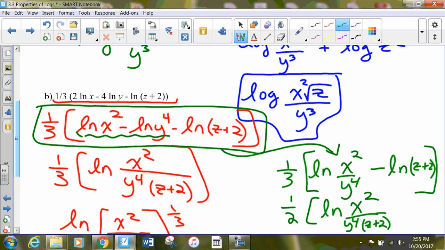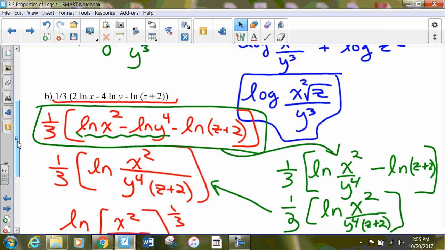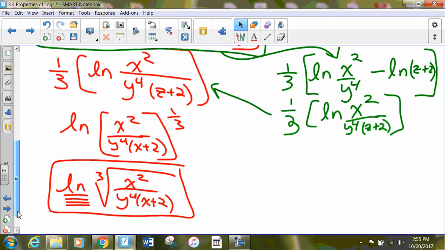But because I'm dividing, it's the same thing as saying multiply by 1 over z plus 2. And then, oops, my 3 ended up being a 2. And then, of course, we're back to where we started from to this stage, and we're going to continue the same way. I hope that I didn't make that more complicated than it needed to be, because it didn't need to be complicated.